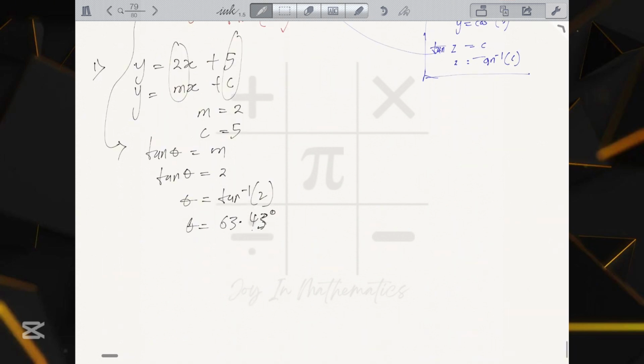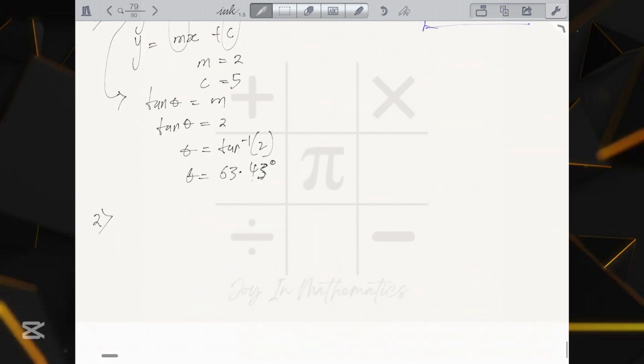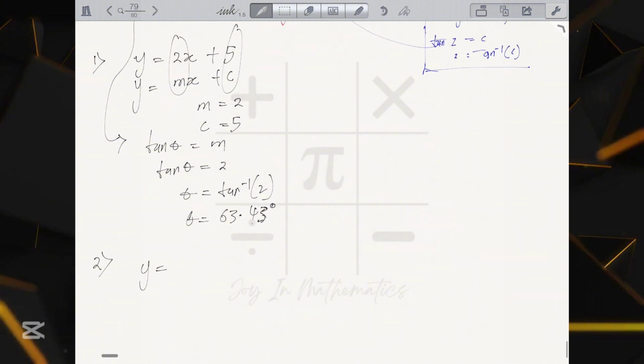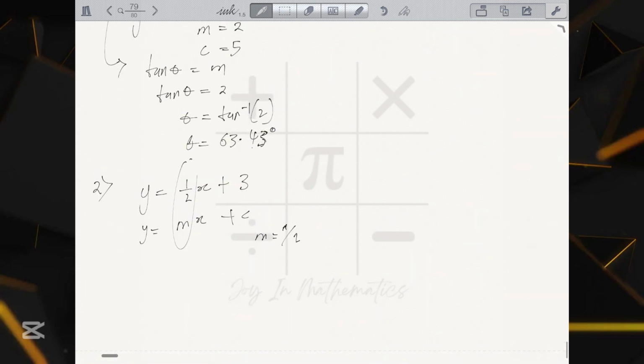Similarly, we can have another equation of a line. Let's say y equals 1 over 2x plus 3. If we compare this to y equals mx plus c, we can see that m equals 1 over 2, that's 0.5. With that, we can evaluate the angle using tan theta equals m.